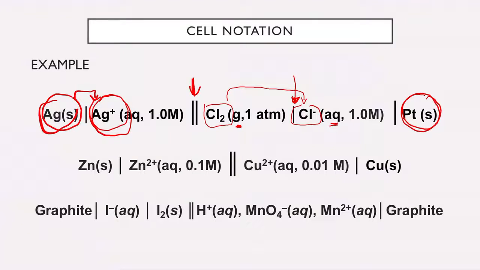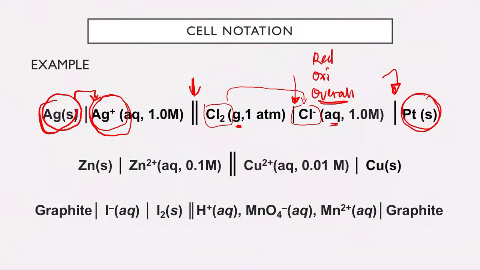Okay, so that means that when you want to write your cell notation, you have to do your reduction half cell equation, oxidation, and then overall. So daripada awak punya overall cell equation, you can get these cell notations. Okay, so right here you have an example where you have substances of the same phases, right?